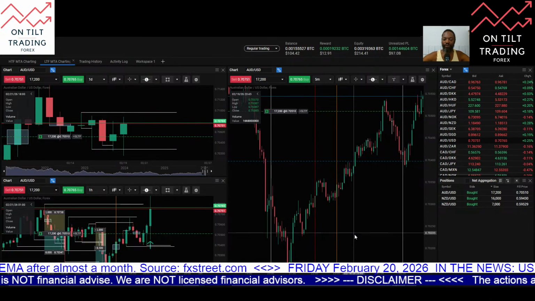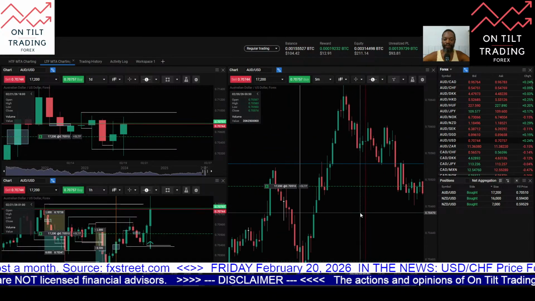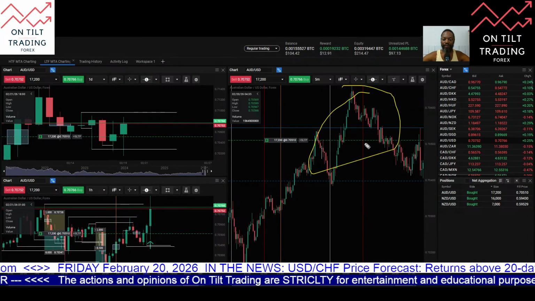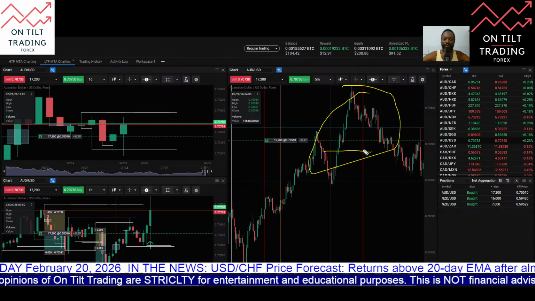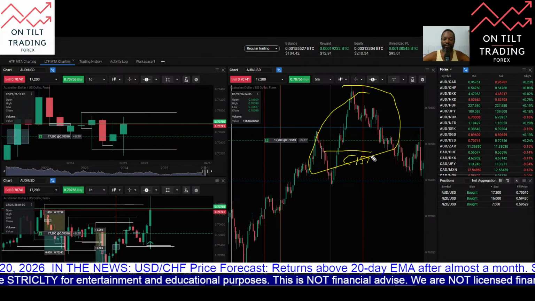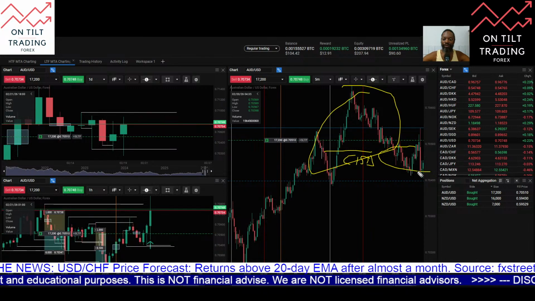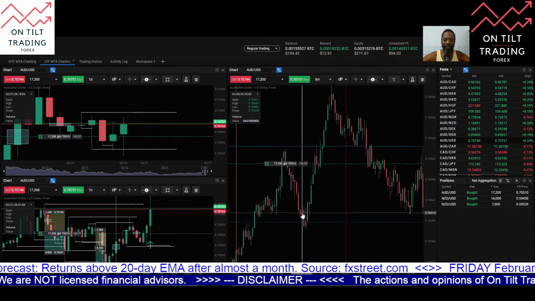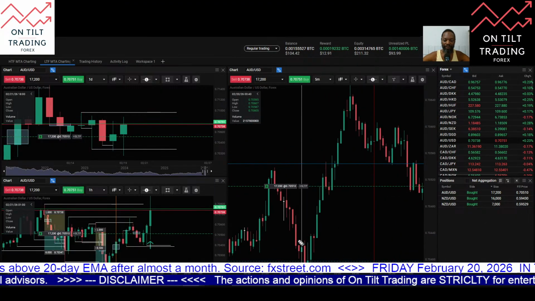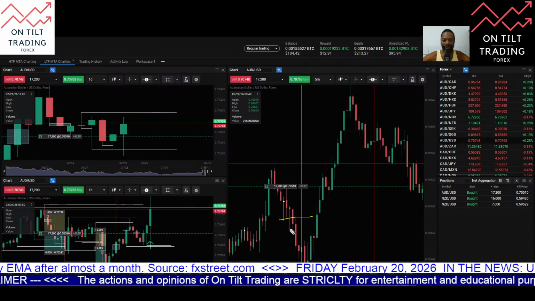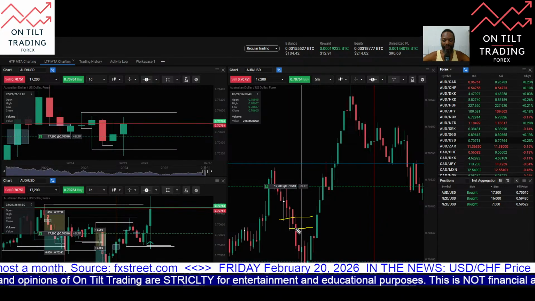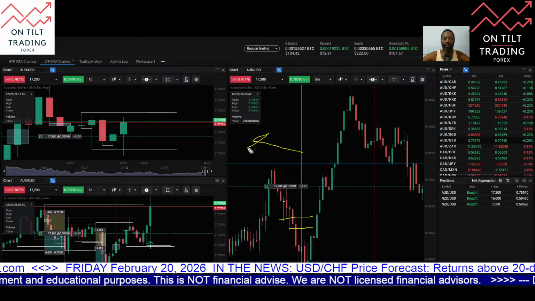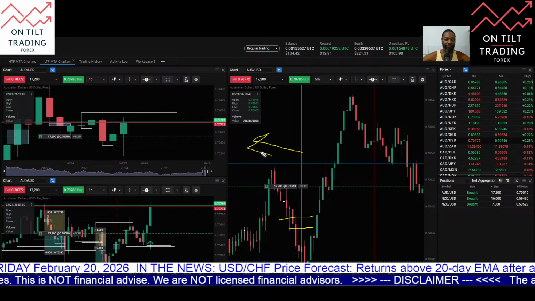During the London session, you can see price puts in another change in state of delivery level here, which would give me an entry. I could have taken an entry in this level, but I wasn't confident in this position, as the way that price set up here, this level and this level where price is sweeping, is all happening before the kill zone, or at least in the first hour of the kill zone.